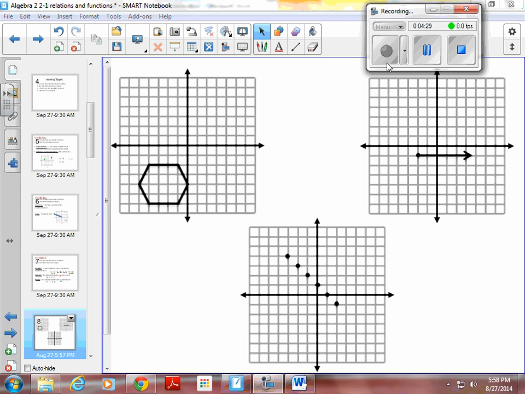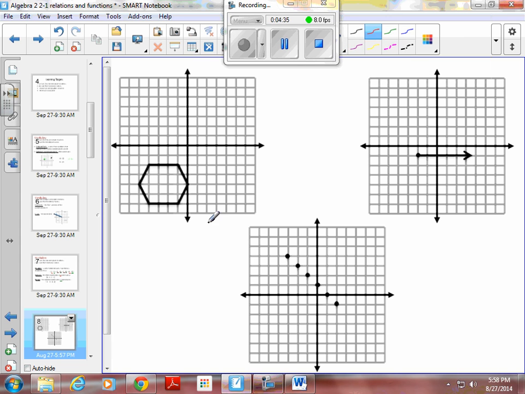Hold on a second. Okay, I want to grab some more examples for domain and range. So I'm going to grab red. Domain is all the x values. So this isn't on my x-axis. If I follow this up here, and I follow this one up here, this is my lowest point in the x direction and my biggest point in my x direction. And you can see that I have points all along here, in both the top and the bottom.